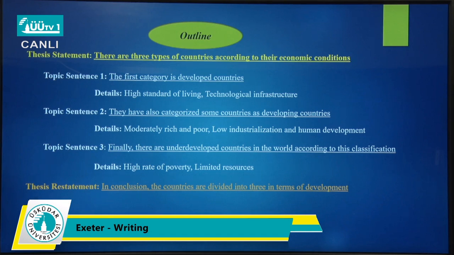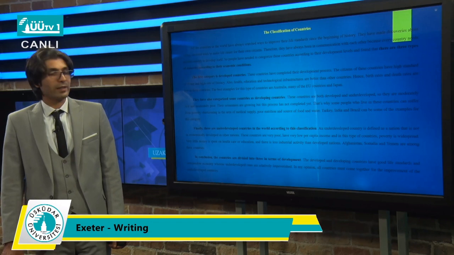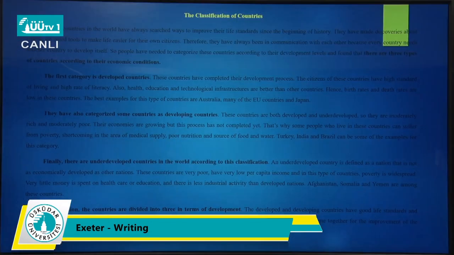And of course, we should mention details here as well. And we have the thesis statement in the conclusion, or thesis restatement, it's better to say: in conclusion, the countries are divided into three terms of development. So, let's look at the example that I provided for you.